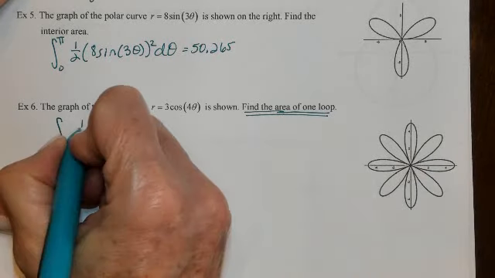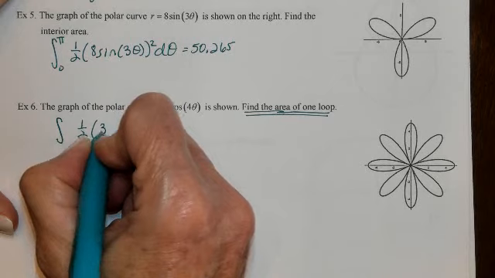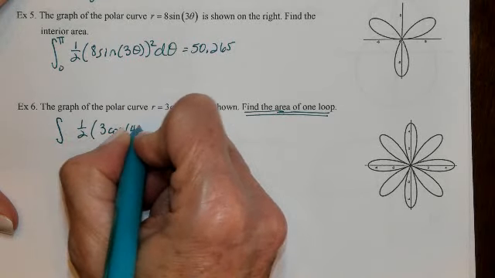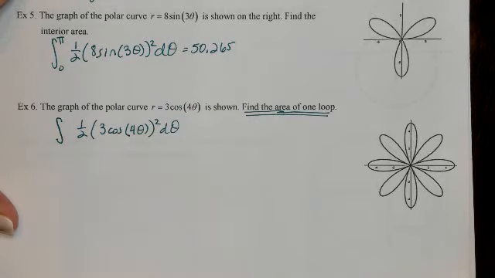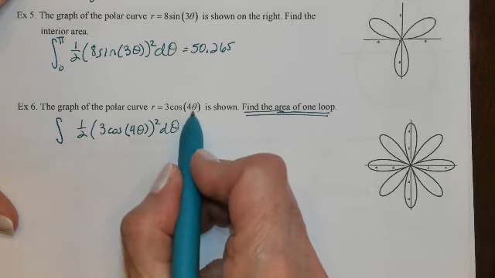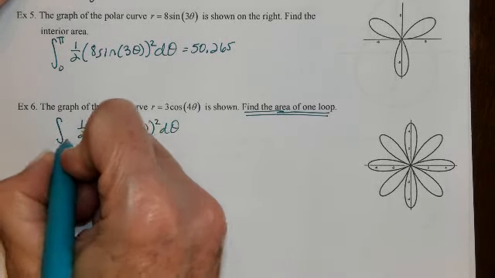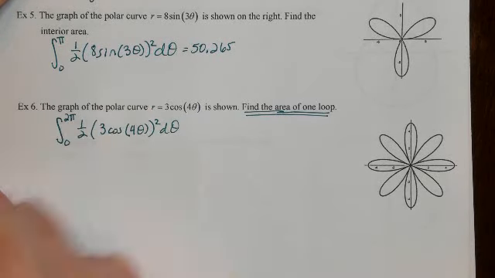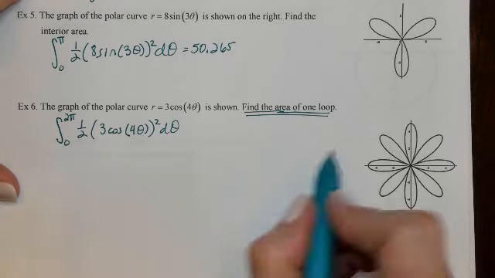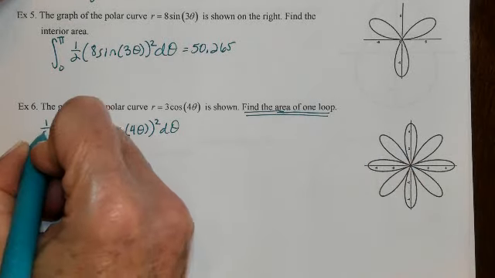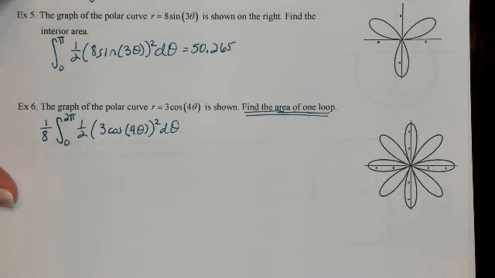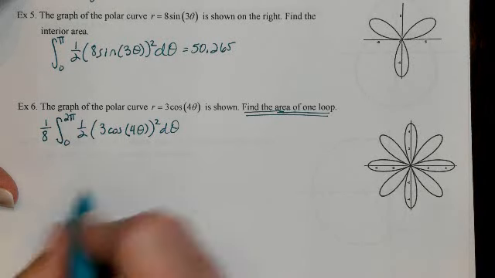So that will be 1/2 r squared d theta. For an even numbered petaled rose, we need to go all the way to 2 pi. And we only want one loop or one petal, so we need to take 1/8 of that, right? That'll work.